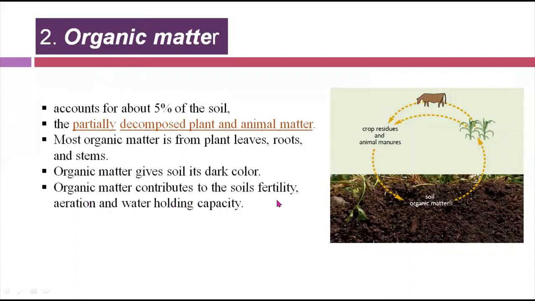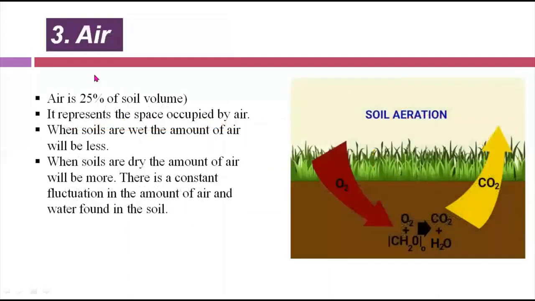Organic matter contributes to soil fertility. यानी कि it's very important that our soil must contain organic matter, which enhances its fertility, aeration and water holding capacity. So जो organic matter है वो soil fertility, aeration means crossing of air, and the water holding capacity, तीनों चीजों को control करता है, यानी कि उसको बढ़ाता है.